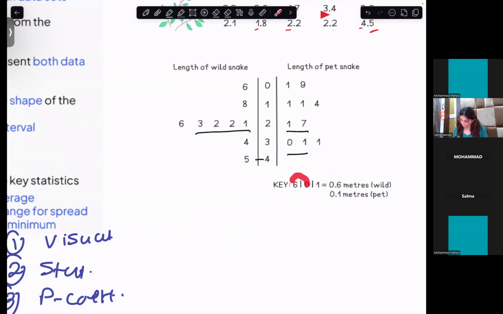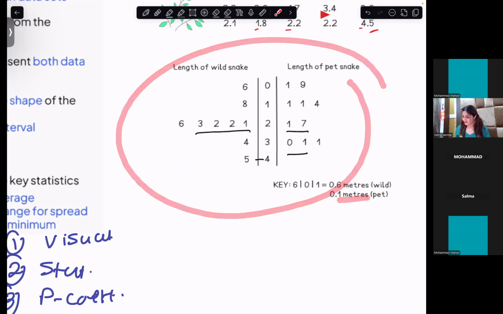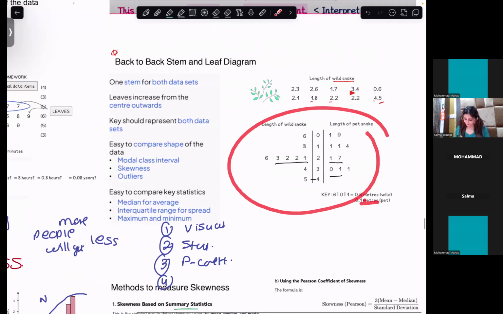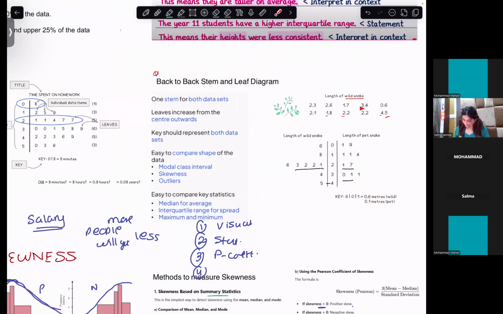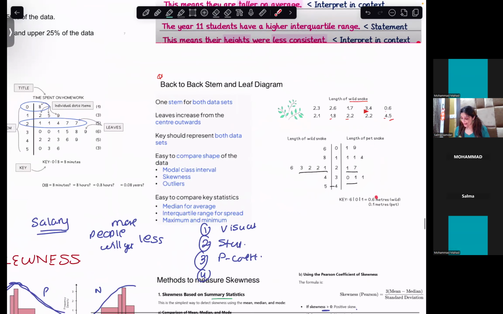So 6|0 is 0.6 meters and 0|1 is 0.1 meters. 0.6 meters is for the length of wild snakes, and 0.1 is for the length of pet snakes. So you can have two keys like this.